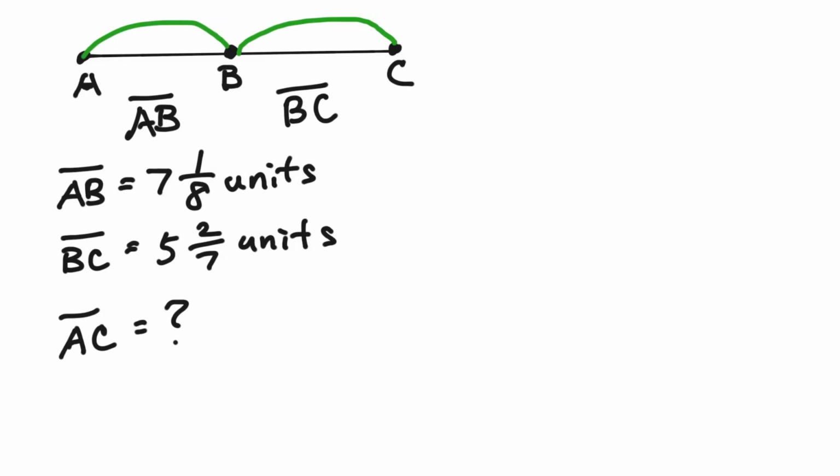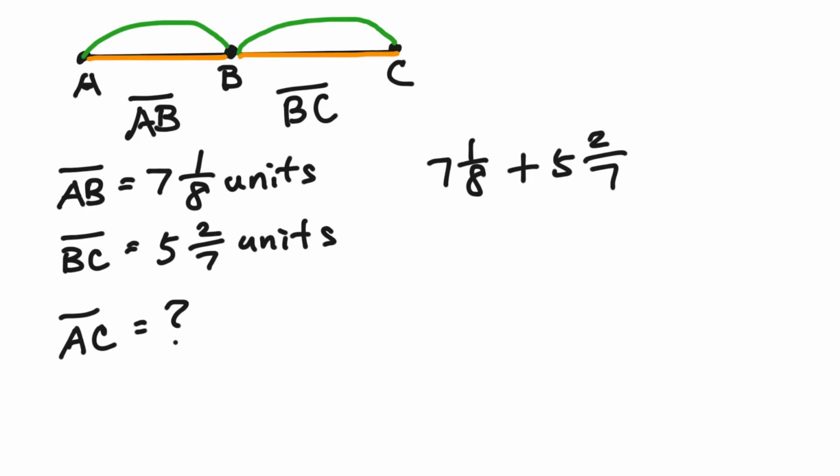So the way we want to approach this is to first take the distance A to B and then add B to C. And since we know A to B is 7 1/8 and BC is 5 2/7, we can simply add it up like the mixed number question that we had previously.